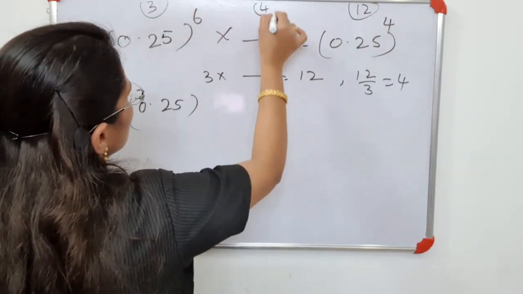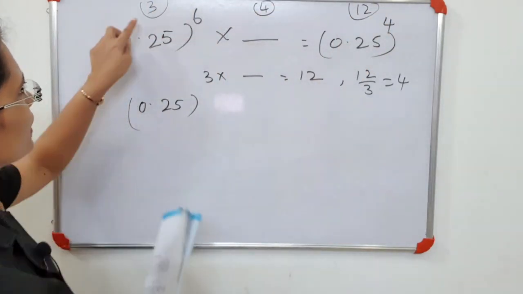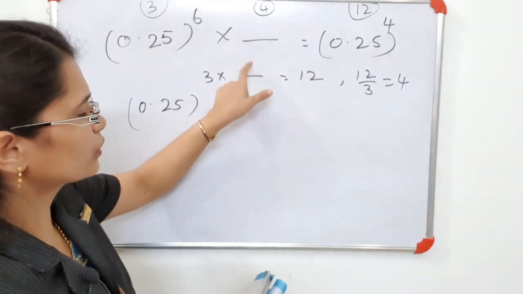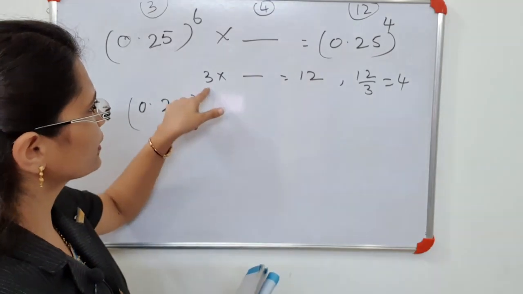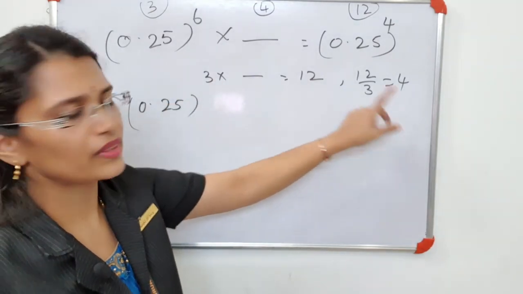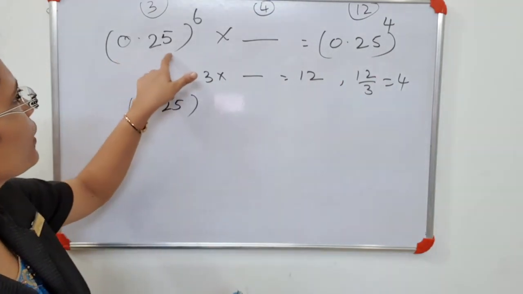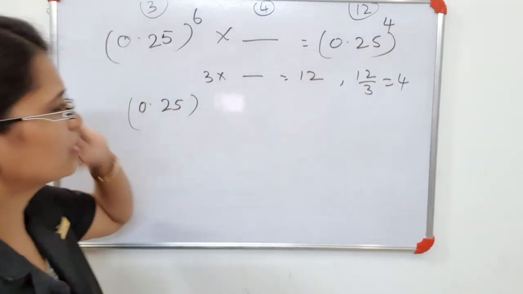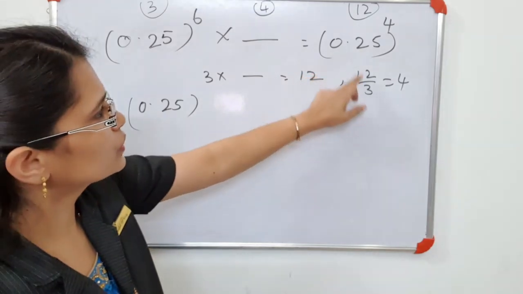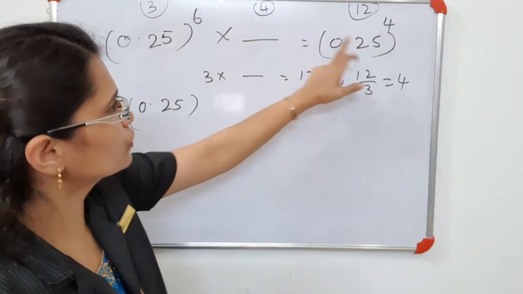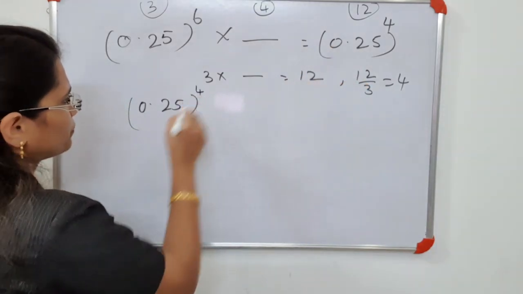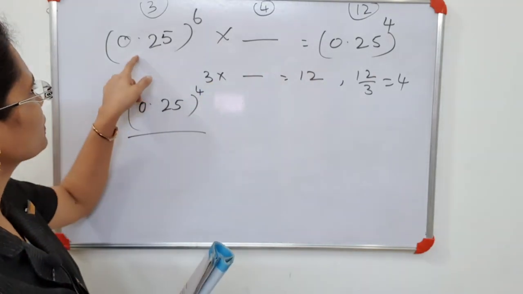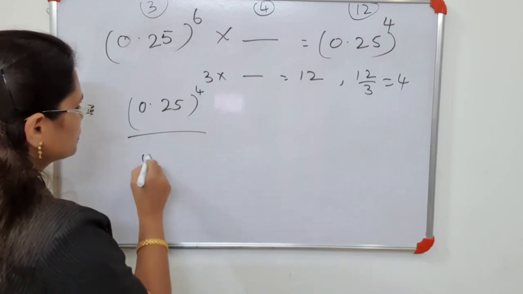The answer is 4. 3 into dash is equal to 12, so 3 into 4. How did you get that? 12 divided by 3 is equal to 4. Like that, 0.25 whole raised to 6 into dash equal to 0.25 whole raised to 4. So the answer will be 12 by 3, like that: 0.25 whole raised to 4 divided by 0.25 whole raised to 6, that is the first number.